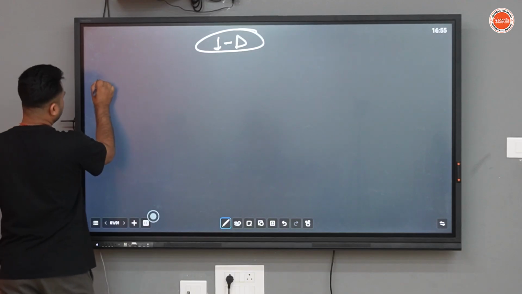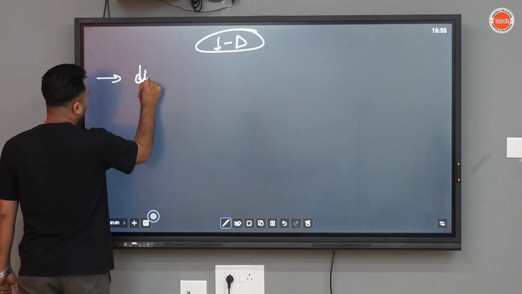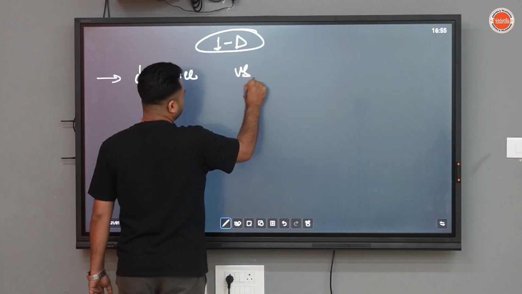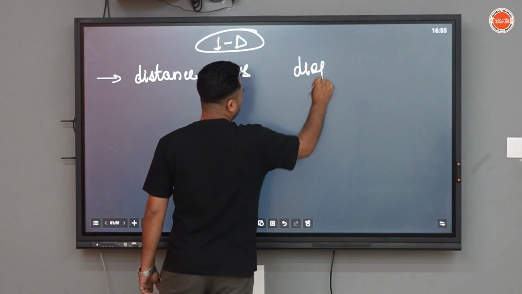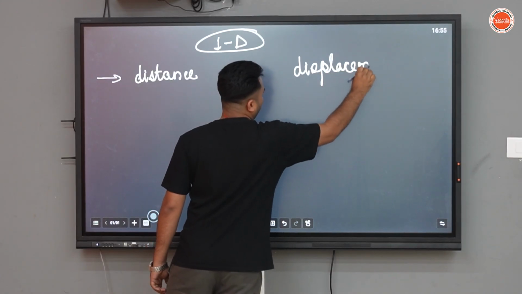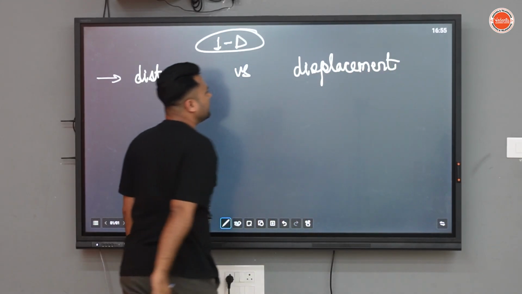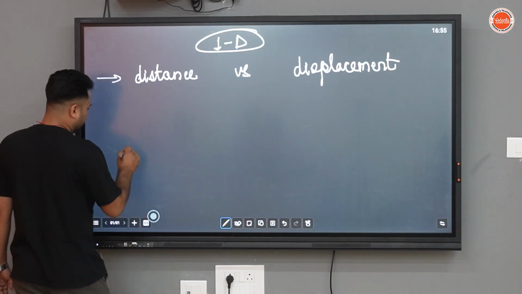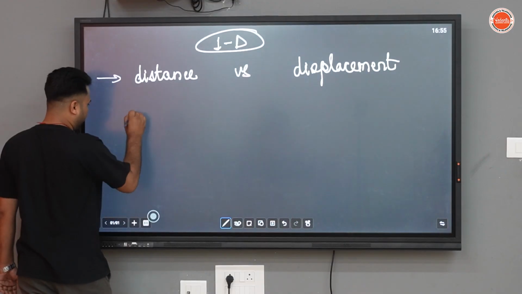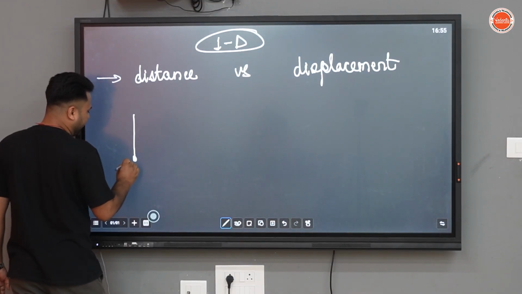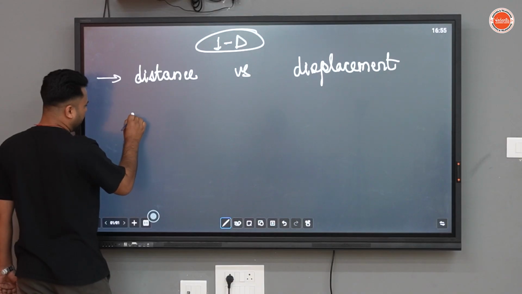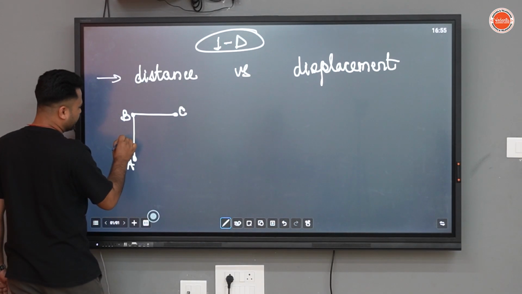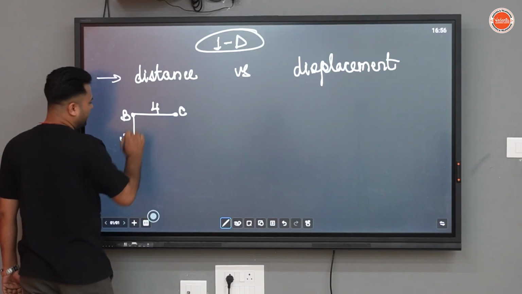So first, distance versus displacement. Suppose a person started from point A, goes from A to B and again from B to C. This is 3, this is 4.